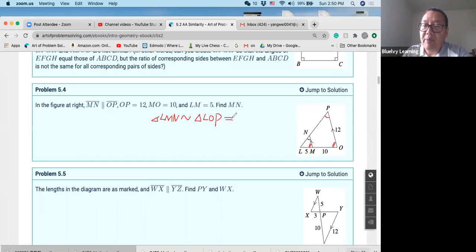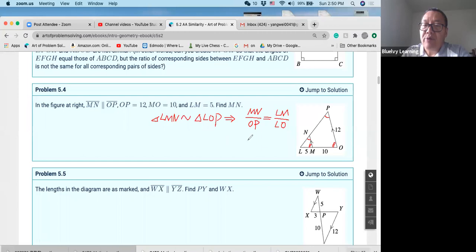From this similar triangle, we can get that their corresponding sides will have the same ratio. So that means MN over OP equals LM over MO.